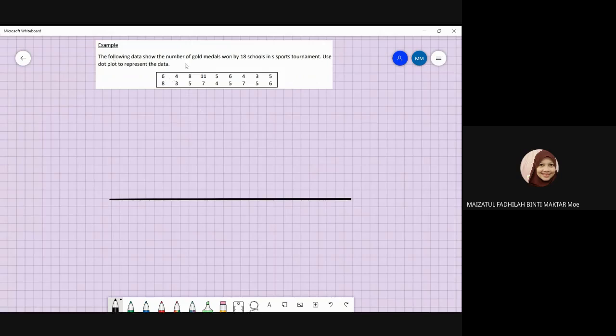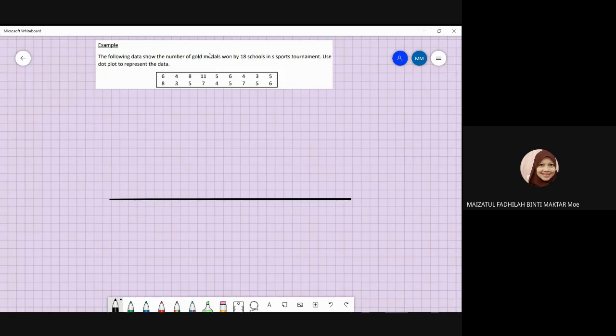Alright, for this example: the following data show the number of gold medals won by 18 schools in a sport tournament. Use a dot plot to represent the data. The question tells you that you need to use a dot plot to represent the data.